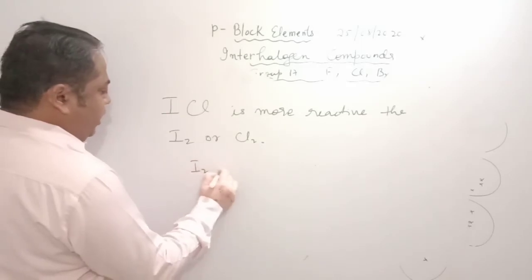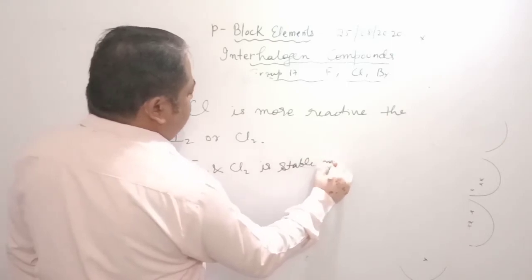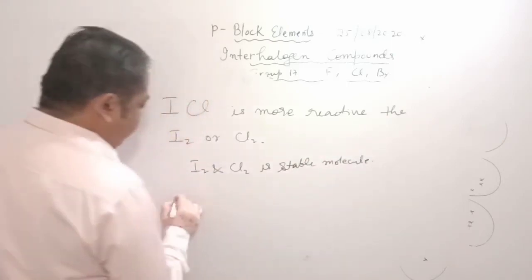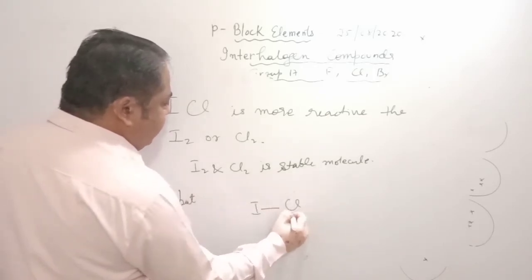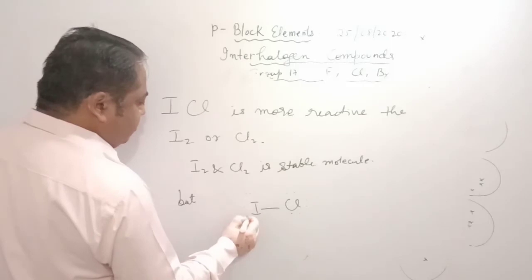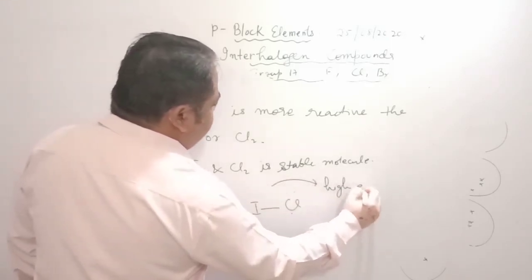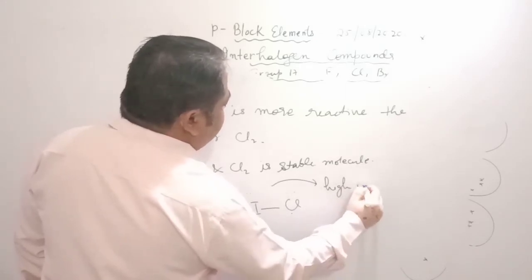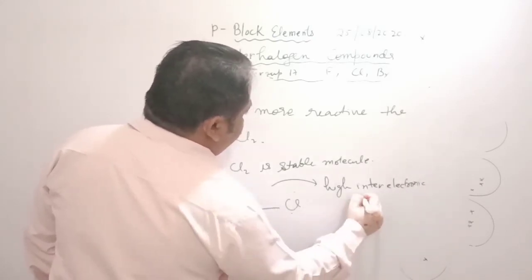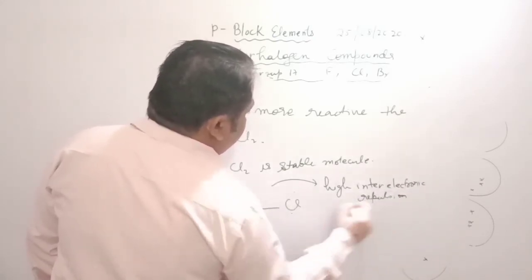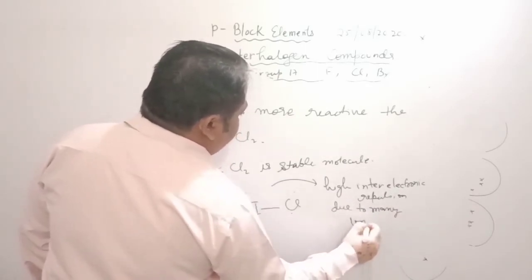Now I2 and Cl2 are stable molecules, but ICl has high interelectronic repulsion due to many lone pairs around it.